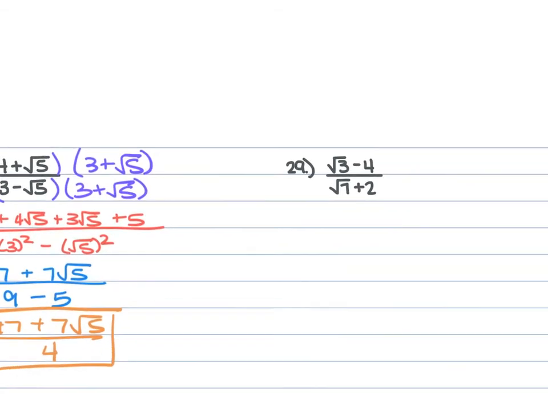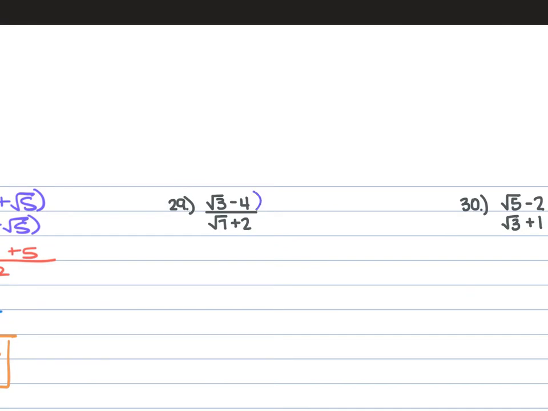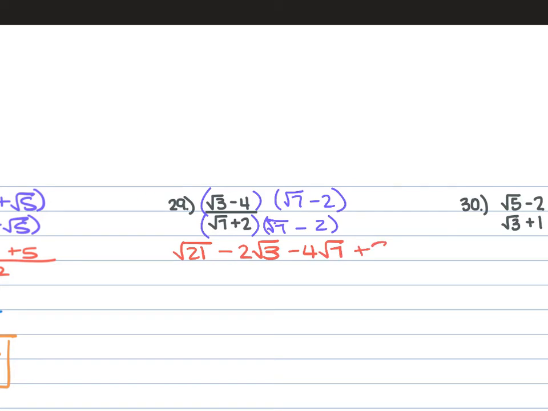For our next one, we have the square root of 3 minus 4 over the square root of 7 plus 2. So the square root of 7 minus 2, we will multiply top and bottom. So we're going to have the square root of 21 minus 2 square root 3 minus 4 square root 7 plus 8 all over the square root of 7 squared minus 2 squared. So the square root of 21 can't change. The 2 square root 3 can't change. 4 square root 7 can't change.